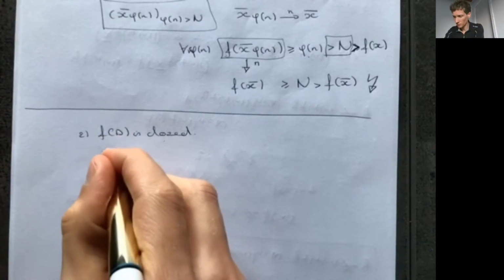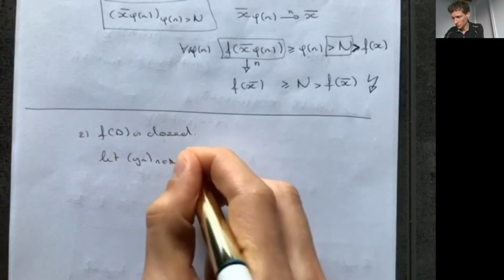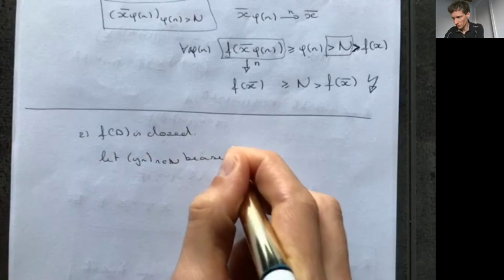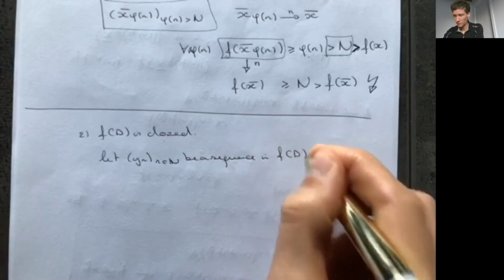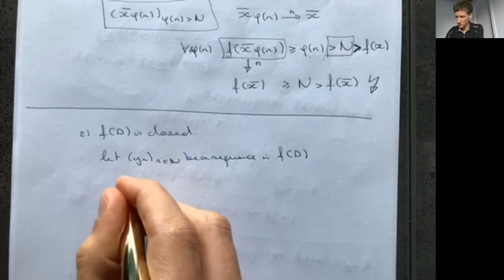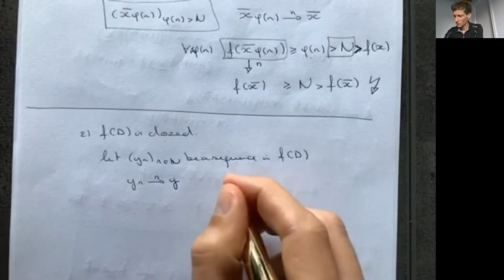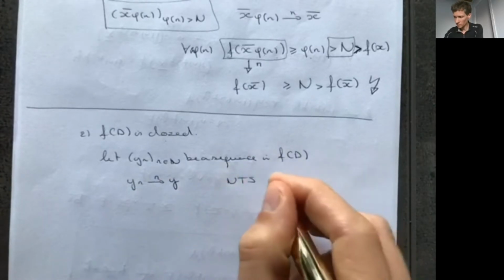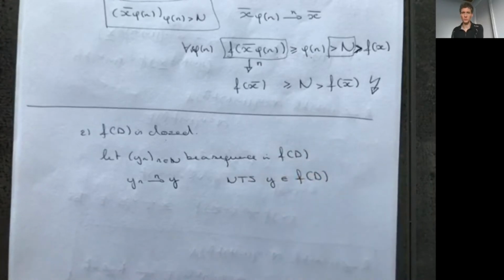So let y_n be a sequence in f of D, and y_n converges to some number y. Then we need to show that y is in f of D.